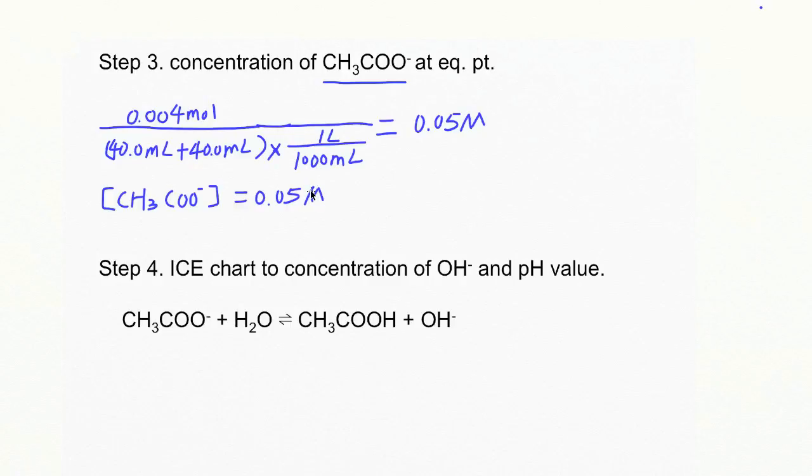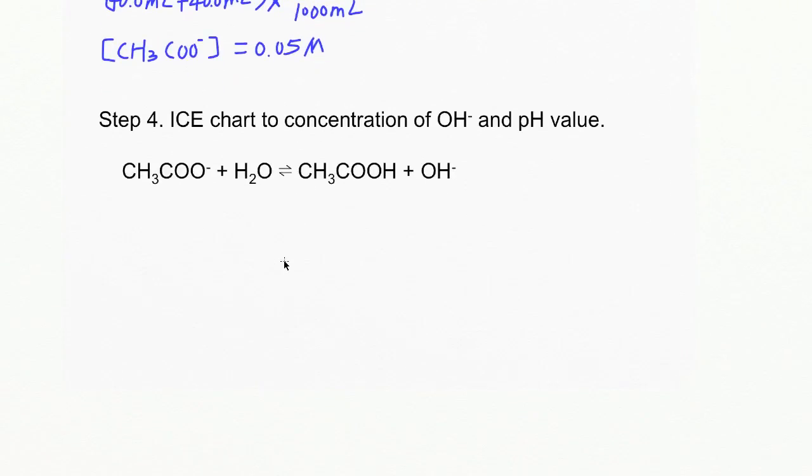Now the last step is to construct the IC chart to find out the concentration of the hydroxide and hydronium based on this weak base. Step 4, IC chart.